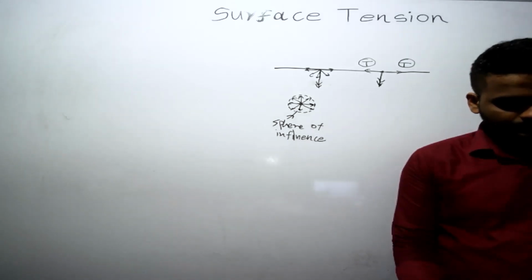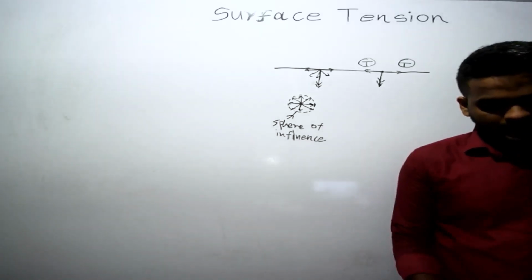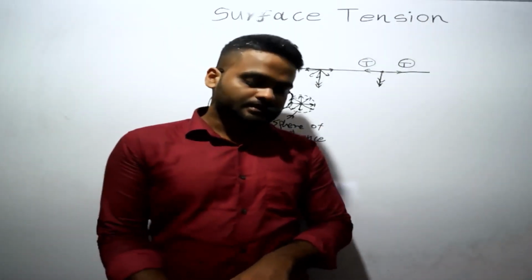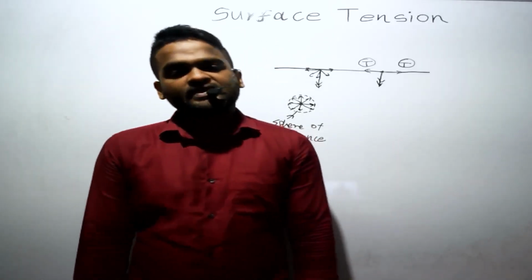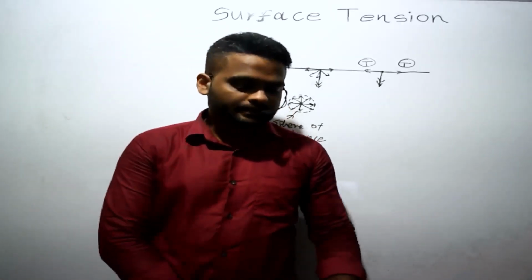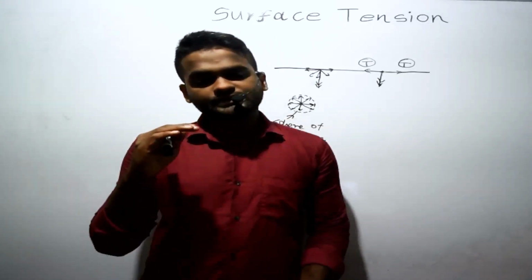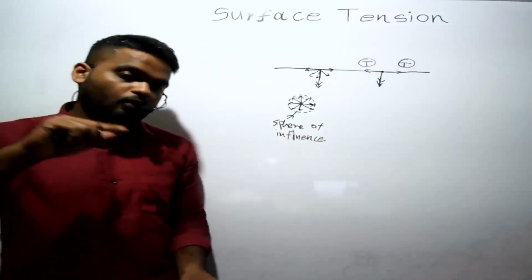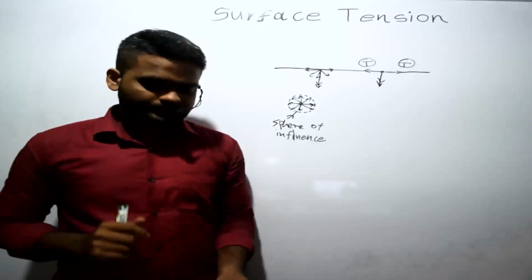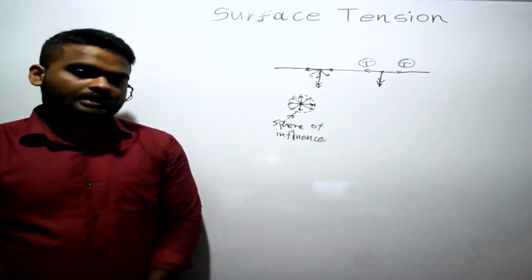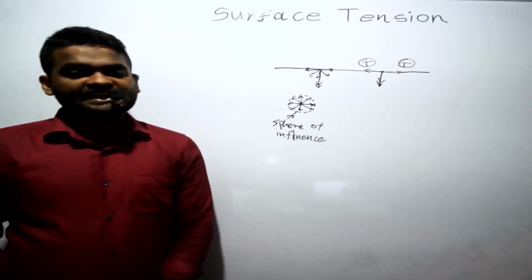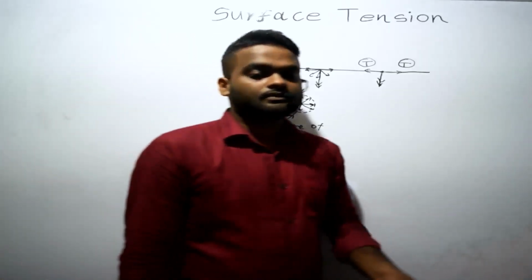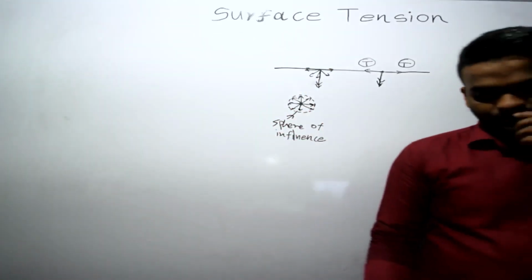Therefore, to the same line, a molecule is influenced only by the molecules around it, in a sphere, which is called the sphere of influence.